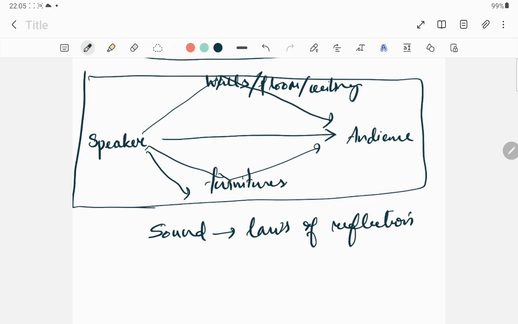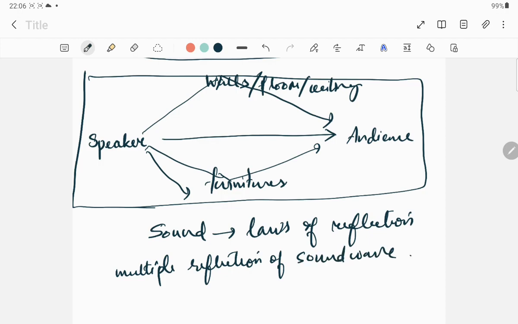Okay, so what will be the ultimate result of this? We are having multiple reflections of the sound wave. How is it possible? Some of the sound wave which is falling on this side may go there, and then it may reach the audience finally. So before reaching the audience, the sound may suffer n number of reflections.